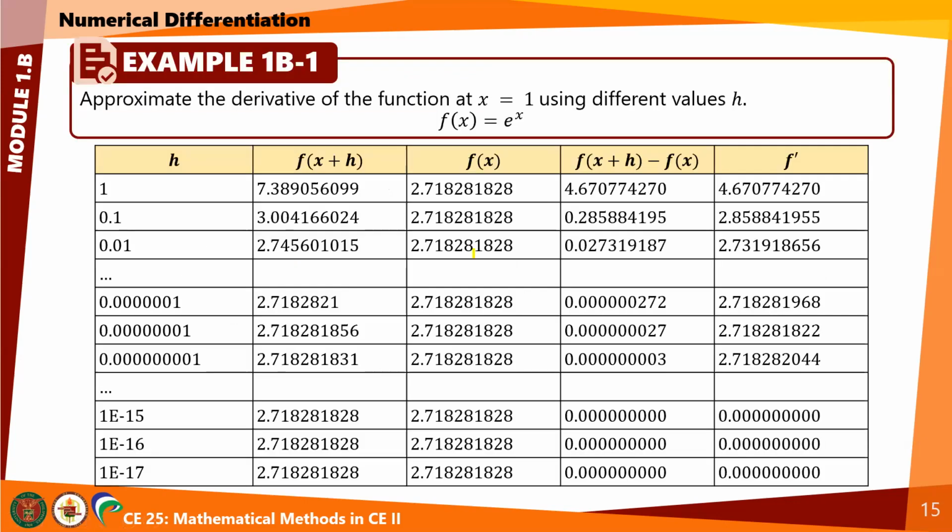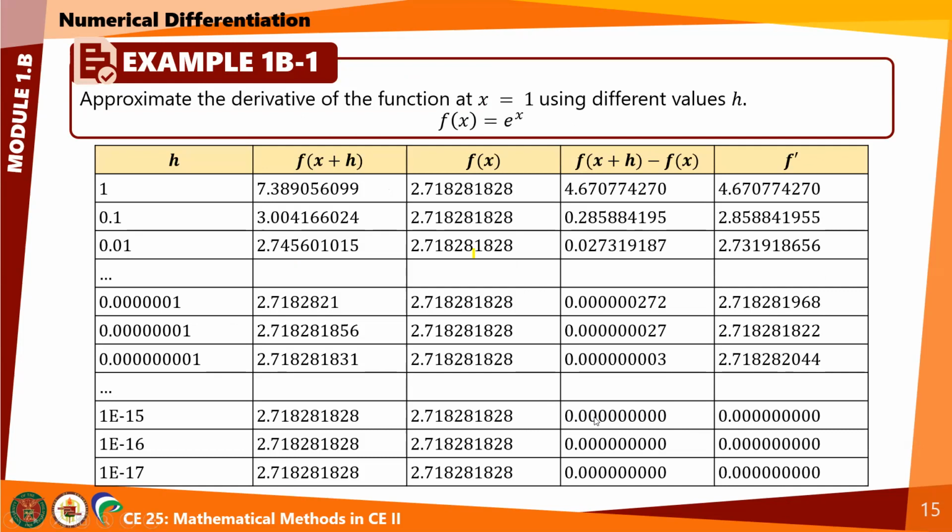Ayan. So, nagkaroon tayo ng 0, 0, 0 dito. This one depends how small your data is, how small the results here, is dependent on how accurate your computer is. So ito yung sinasabi ko sa inyo na accuracy ng computer nyo.